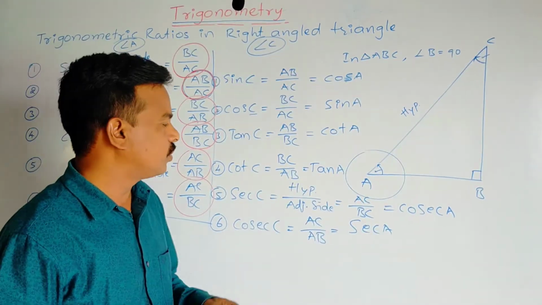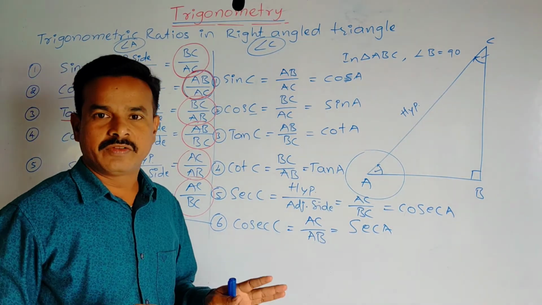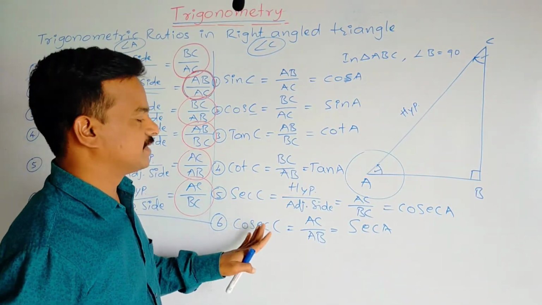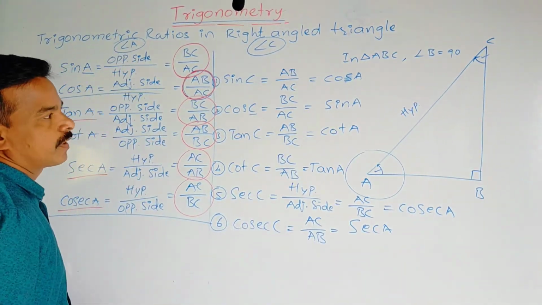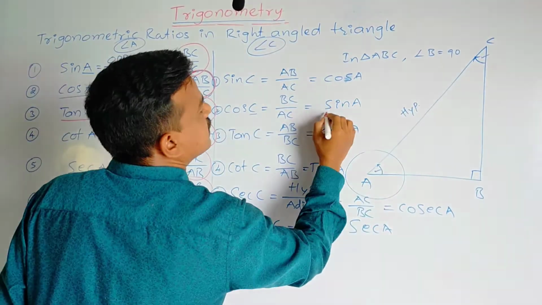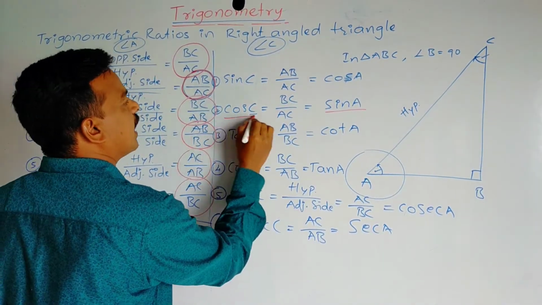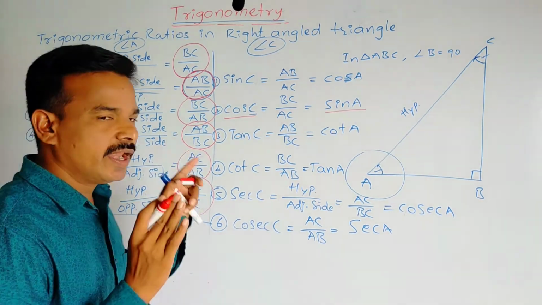Everyone needs to know about this. That is, sin A is equal to cos C, where it is in the same triangle.